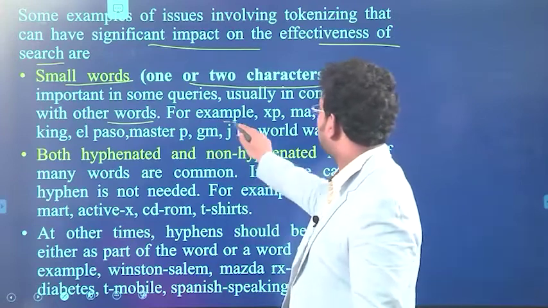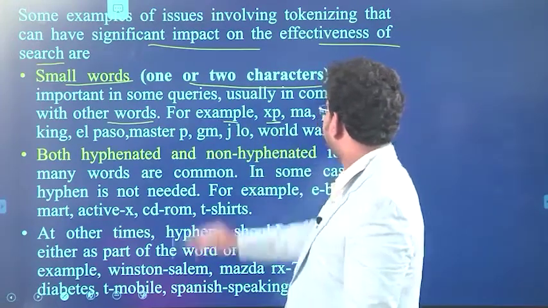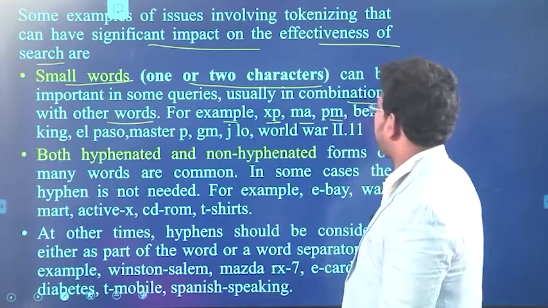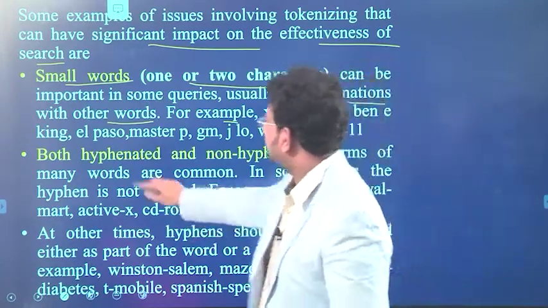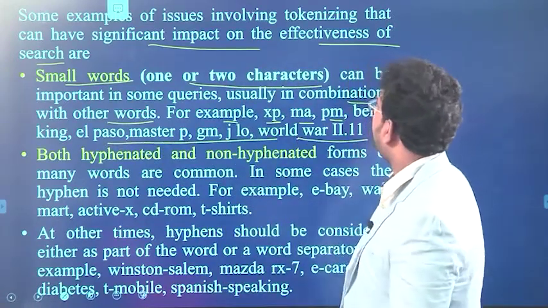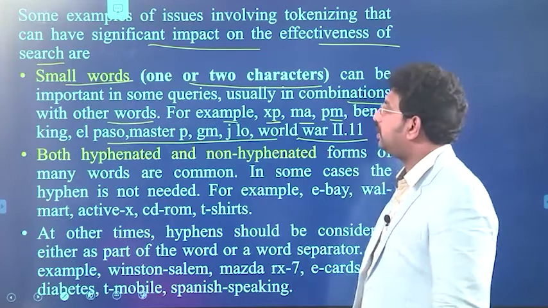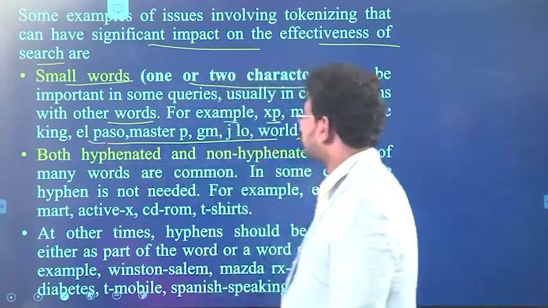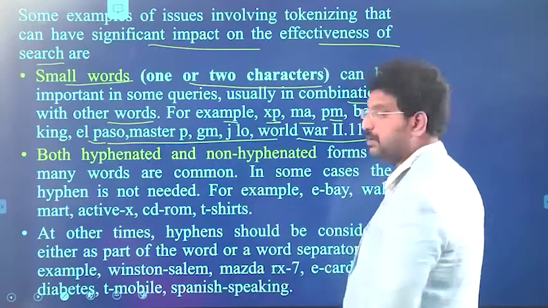For example, you can see XP, Ma, PM, King, Epson, El Paso, Master P, GM.